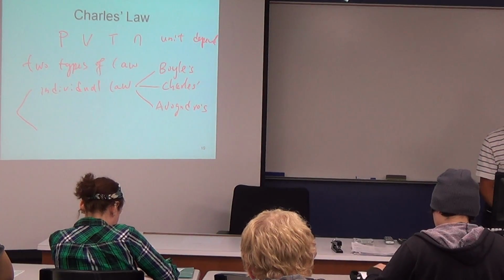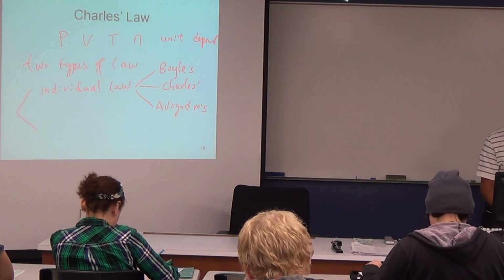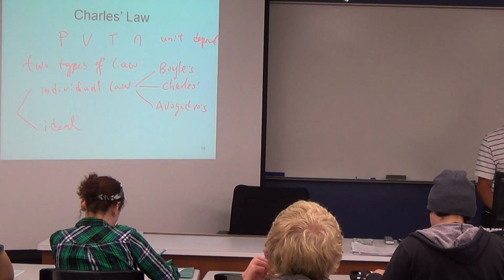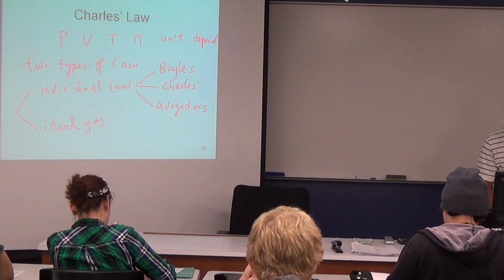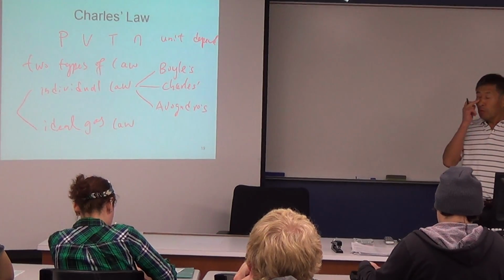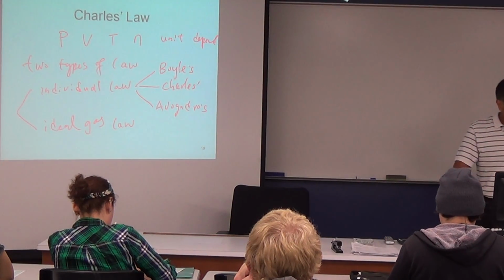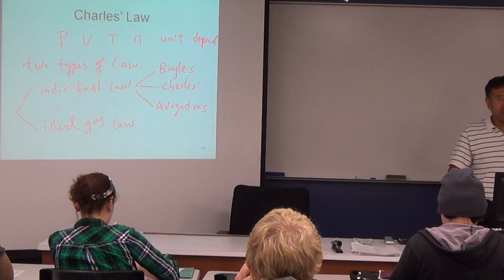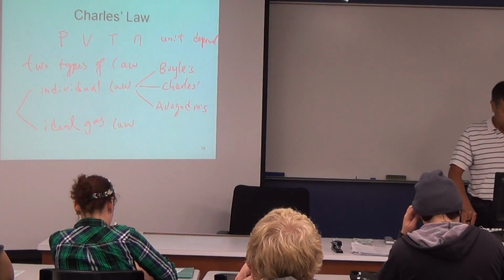The other type of law is the ideal gas law. Depending on what law we use, we have to worry about what unit we should use for these 4 variables.